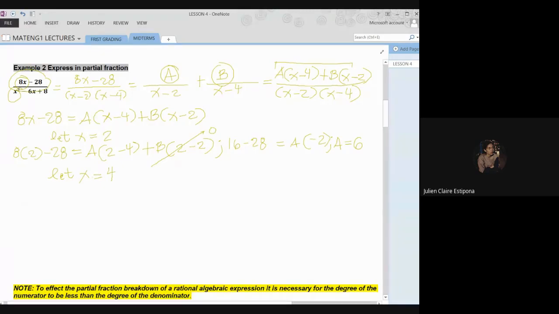So, substituting the value of x, which is 4, to the equation, to the numerators, that is 8 multiplied by 4 minus 28 is equal to a multiplied by 4 minus 4 plus b multiplied by 4 minus 2. So we have canceled that already, no? So this one is already equal to 0.